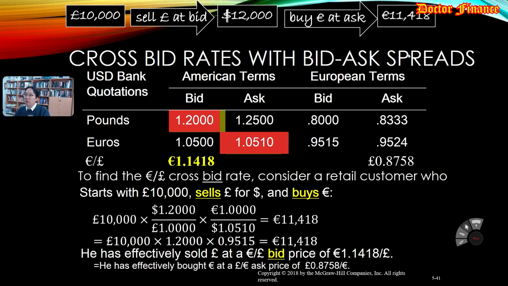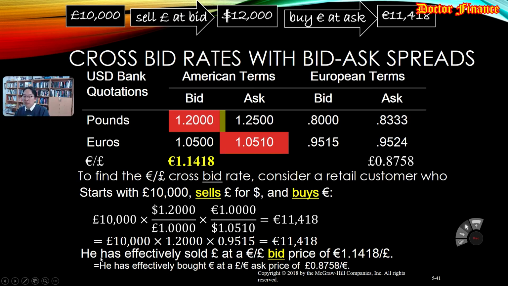That will give you 11,428 euro, right? So that is going to be the bid rate for British pound to euro, like this.